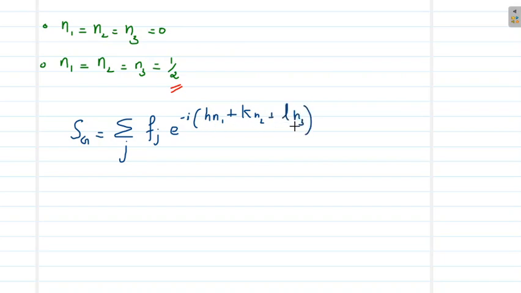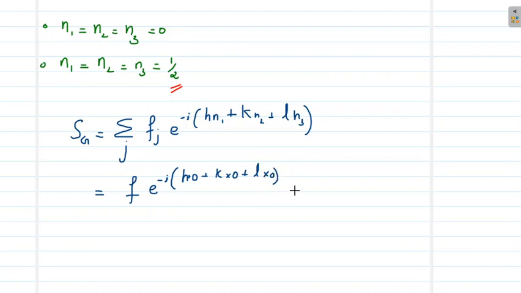We have 2 sets of n1, n2, n3 values for different j values, so let us substitute that. The first value is f into e raised to minus i (H into 0 plus K into 0 plus L into 0).